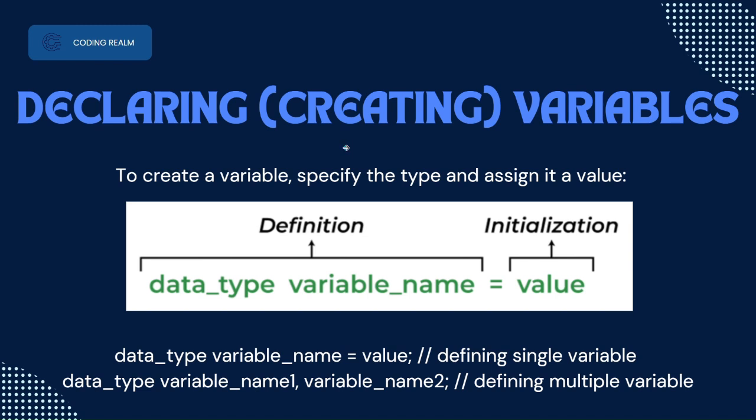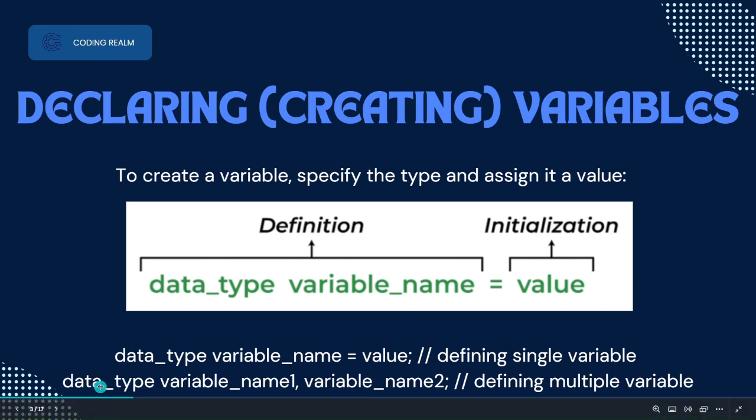Now, how to declare or create a variable. To create a variable, specify the type and assign a value. This is the syntax. First, we have the data type and the variable name, and we have the initialization, which is the value. Data type, variable name equal value defines a single variable, but we can define multiple variables.